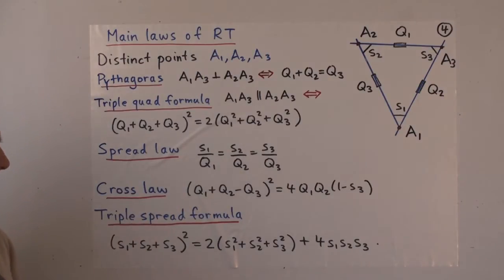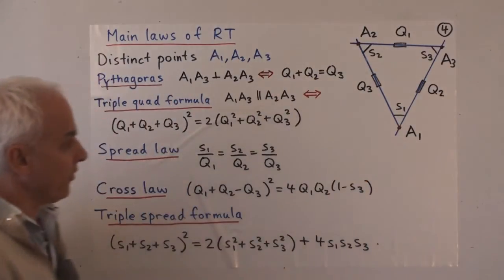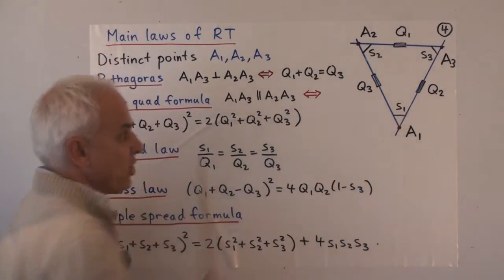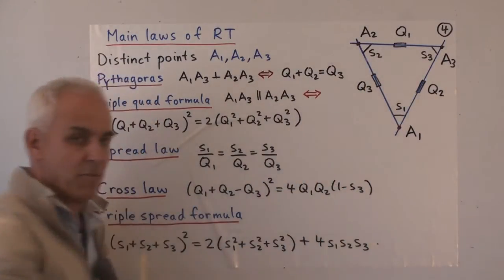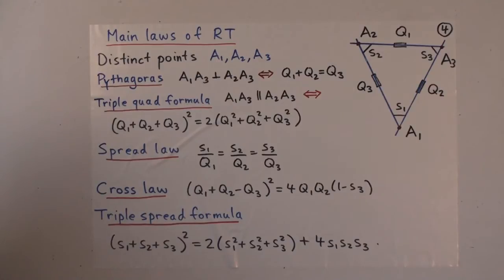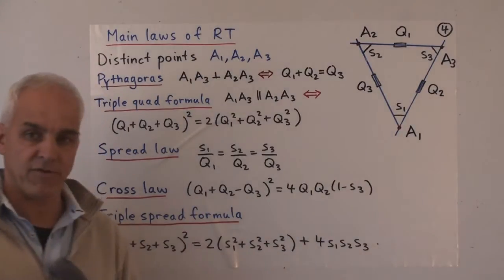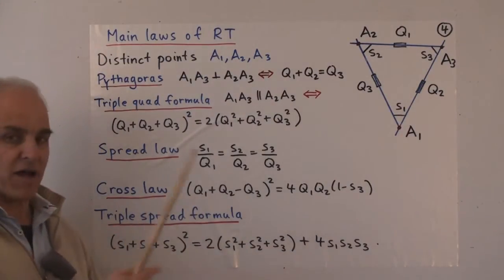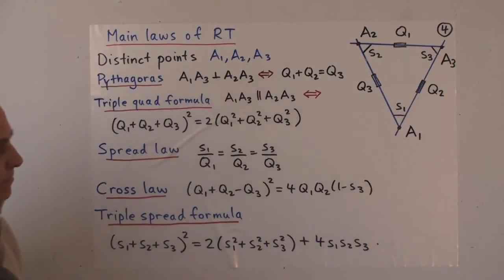Spread law. The relationship between the spreads and the opposite quadrances is S1 divided by Q1 equals S2 divided by Q2 equals S3 divided by Q3. The cross law. The relationship between the 3 quadrances and one of the spreads. Well, we have 3 different possibilities for this cross law. This is the one involving S3.